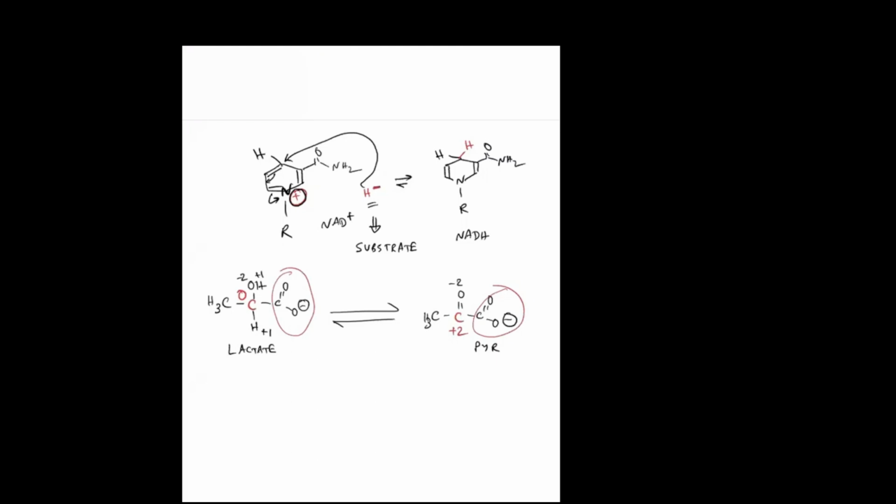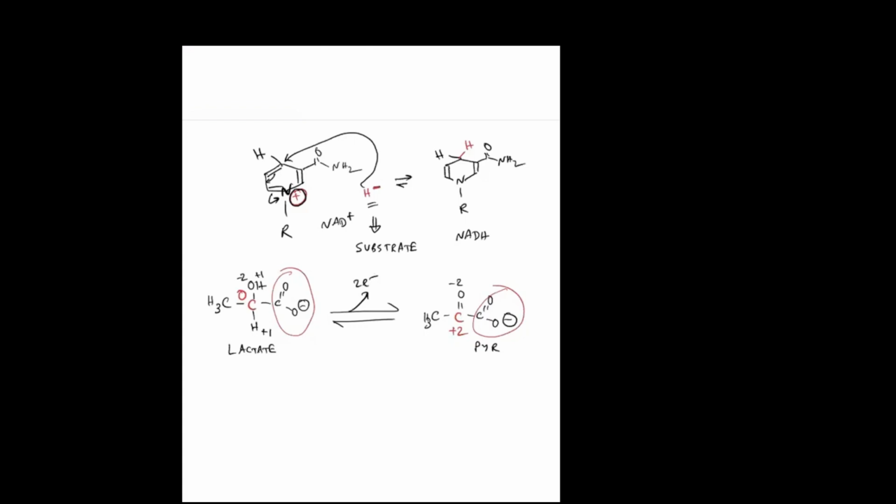So how many electrons did it gain or lose? 2. Lost 2. So it lost 2 electrons. Okay. Now, this is dependent on NADH or NAD plus. So going from lactate to pyruvate, which do I need?